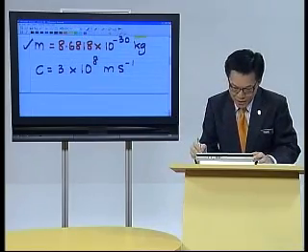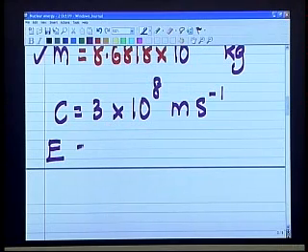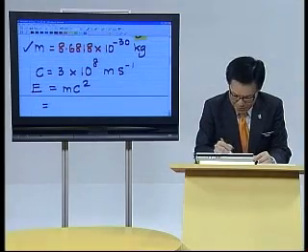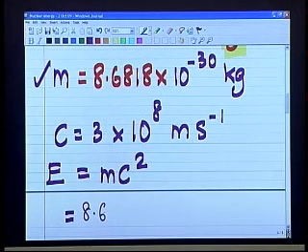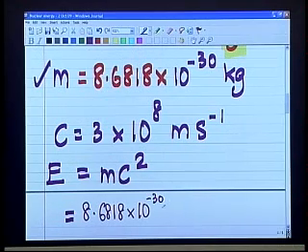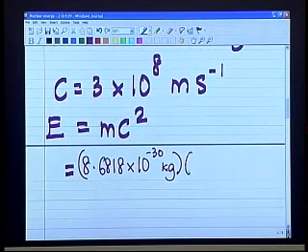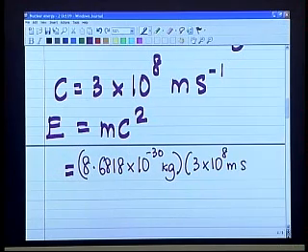After you know how to use the equation E equals mc squared, you need to substitute in the values. What is m? m is 8.6818 times 10 to the power of minus 30 kilograms, multiplied by the speed of light, 3 times 10 to the power of 8 meters per second, squared.